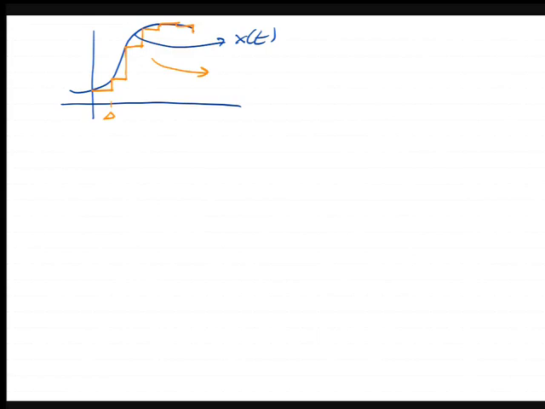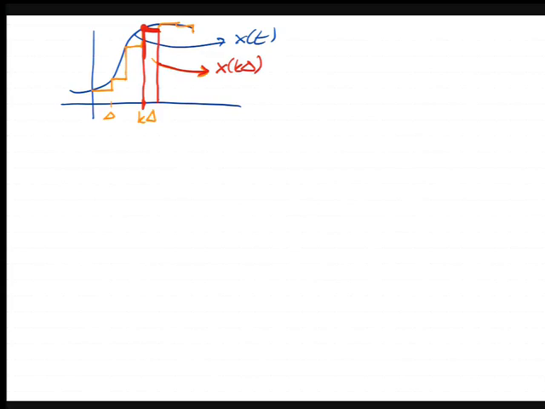So let's take one of these. Let's take the kth one, at k delta. So this bit, I can write as x of what? Time is k delta, right? So I read the value of x at time k delta. And then what is this bar?